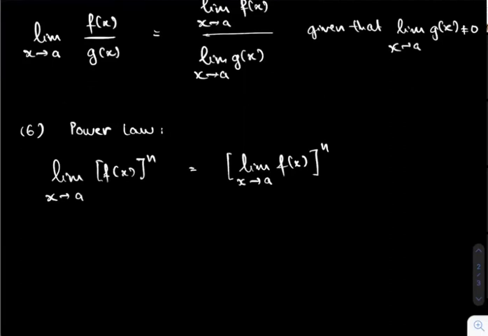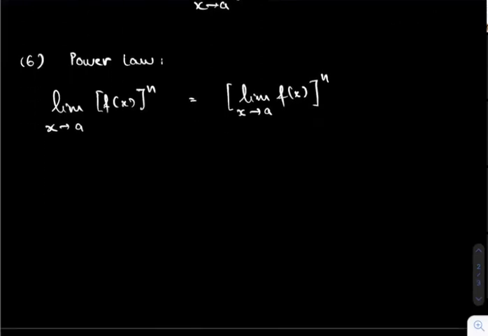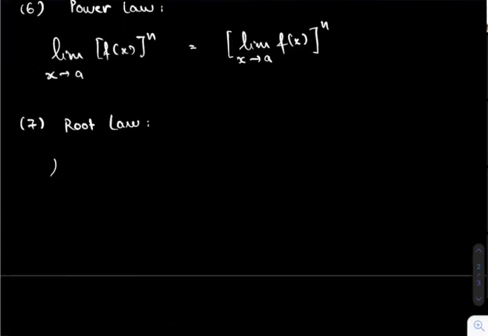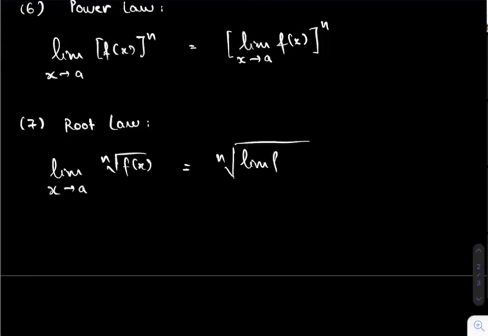You can either find the power of the function first and then take the limit, or you can take the limit of the function first and then find the power. Number 7, similarly, you have the root law. If you have the limit of the nth root of f of x as x approaches a, this is equivalent to finding the limit first and then taking the nth root of the result.